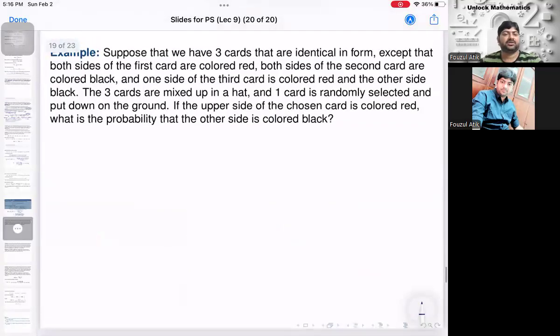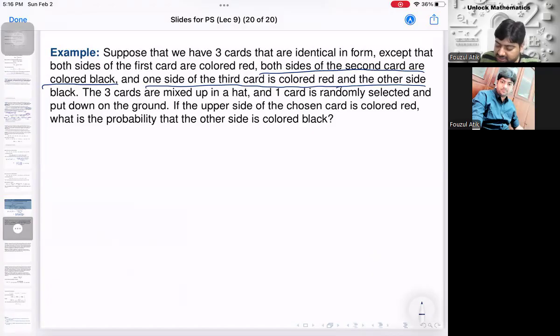Look at this. Suppose that we have three cards that are identical in form, except that both sides of the first card are colored red, both sides of the second card are colored black, and one side of the third card is colored red and the other side colored black. So there are three identical-shaped cards.